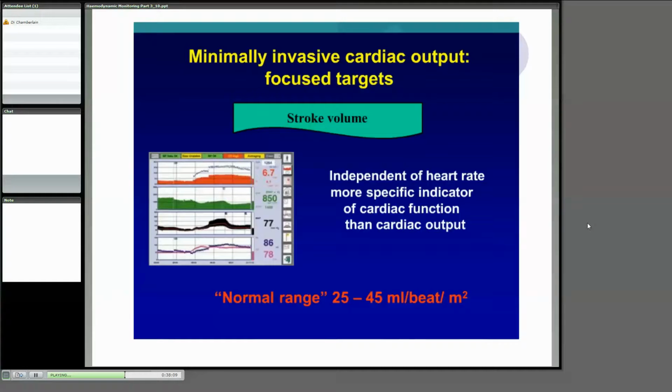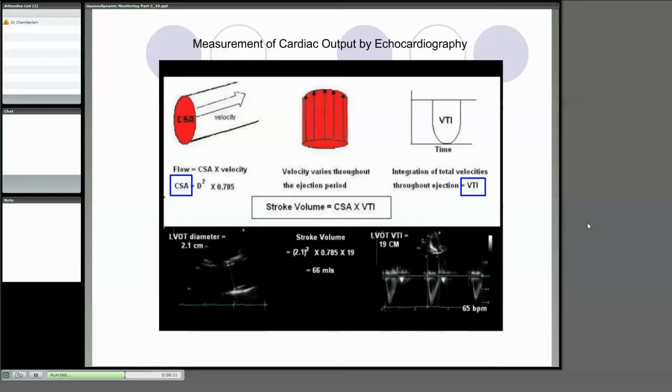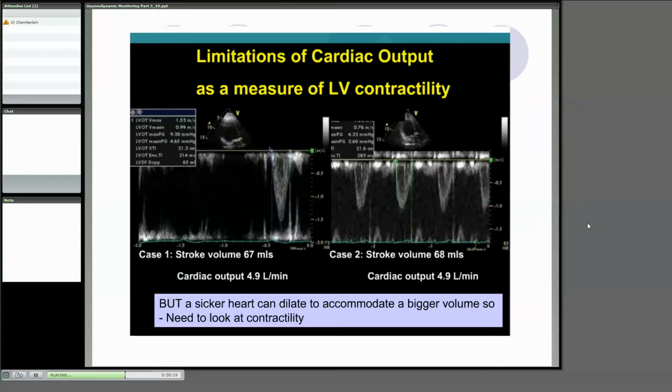So those sort of things are really useful. And this is about measuring cardiac output with your echo, so I'm just showing you that can be done. The problem with cardiac output is that it doesn't put contractility into the equation.